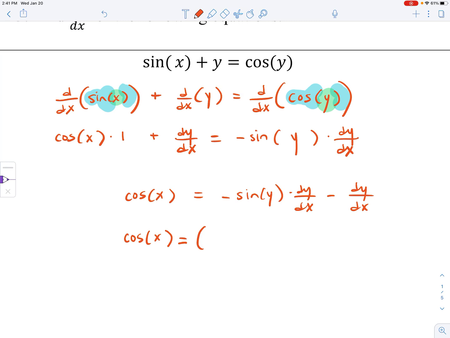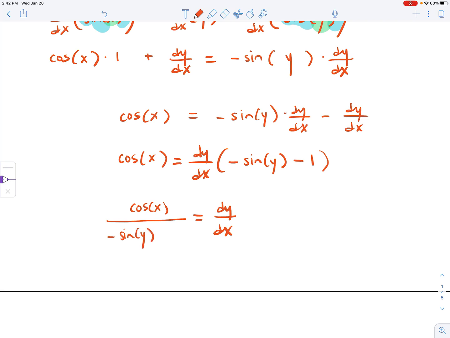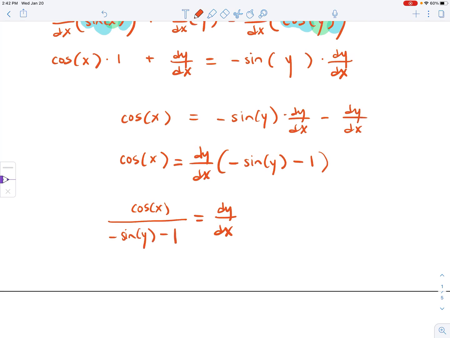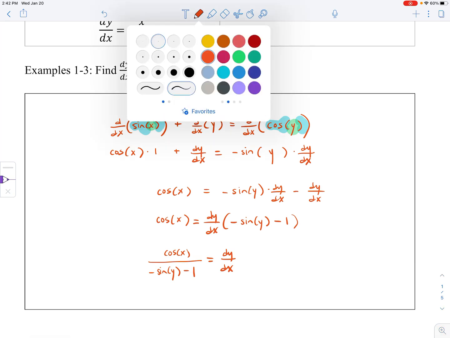And now we're ready to factor out the dy over dx on the right-hand side. So when I factor dy over dx out, I'll have negative sine of y minus 1. And to finish getting dy over dx by itself, we'll divide by negative sine of y minus 1 on each side, leaving us with cosine of x over negative sine of y minus 1.